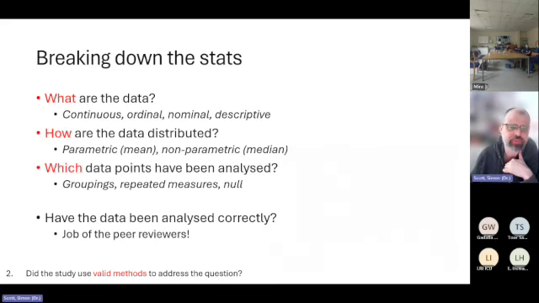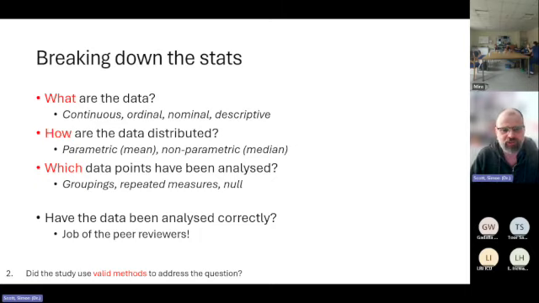So talking about the stats a bit more, the classic mistake is mixing up the data that's in the paper. Data can be continuous, like seconds or height. It can be ordinal, like EWS or pain scores, and it can be nominal or descriptive, which is actually labels.